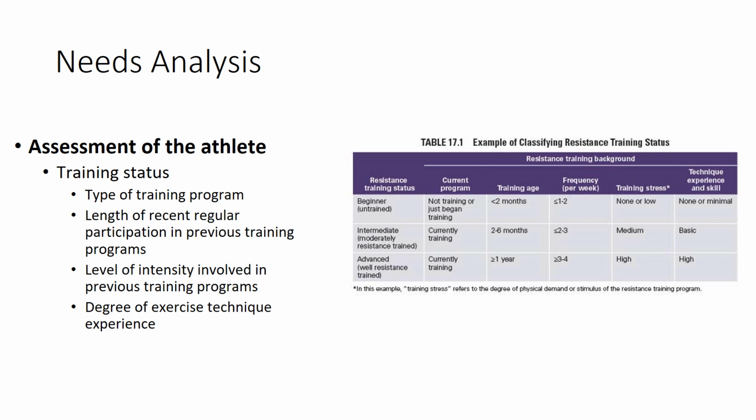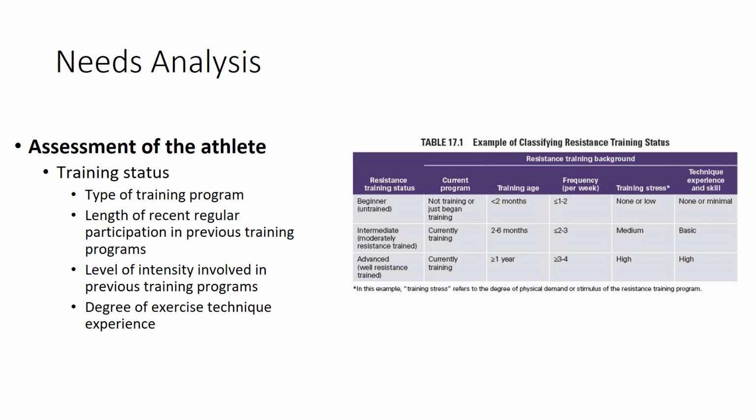When we look at the resistance training status for intermediate individuals, these are individuals who have been training about 2 to 6 months, and they've been lifting about 2 to 3 times per week. Well-trained resistance individuals have a training age of 1 year or greater, and have been training 3 to 4 days.